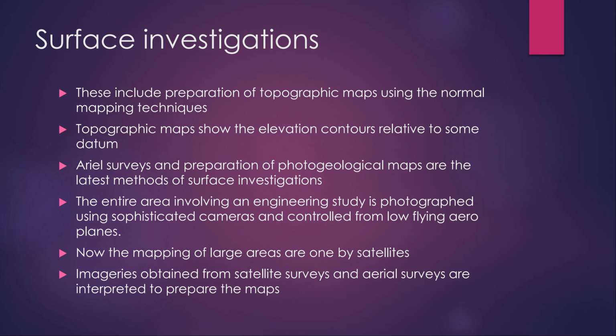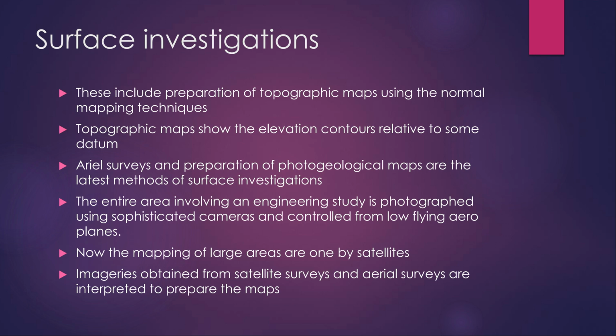So, surface investigations are basically all about investigating the terrain or the surface. The entire area involving an engineering study is photographed using sophisticated cameras and controlled from low-flying aeroplanes. Now, the mapping of large areas is done by satellites.